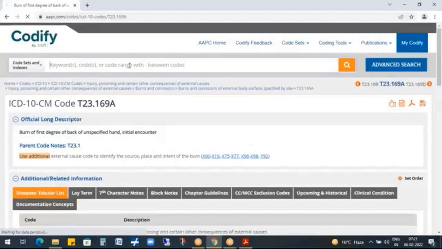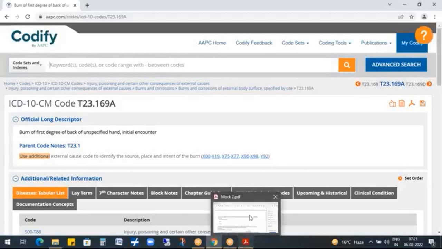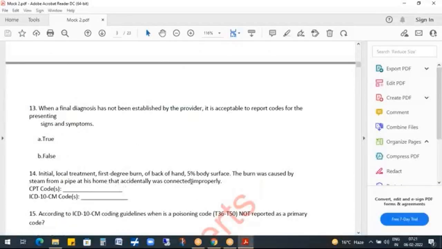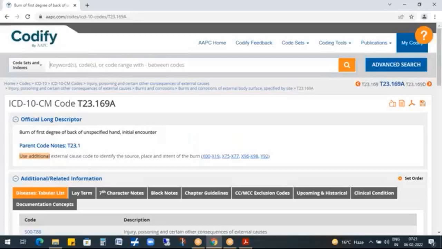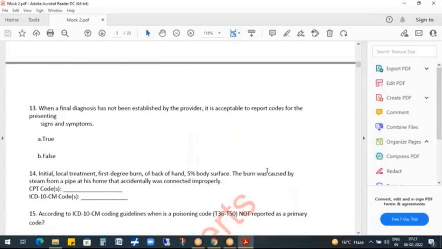First degree burn of back of unspecified hand, initial encounter. Back of hand unspecified, right? Yes, that is the correct answer. T23.169A.